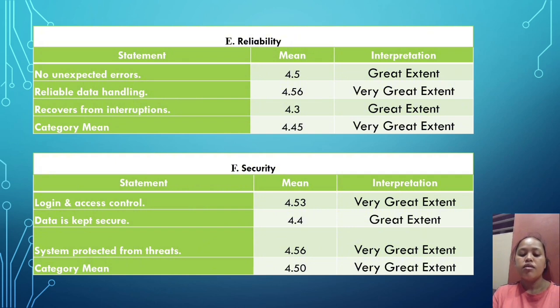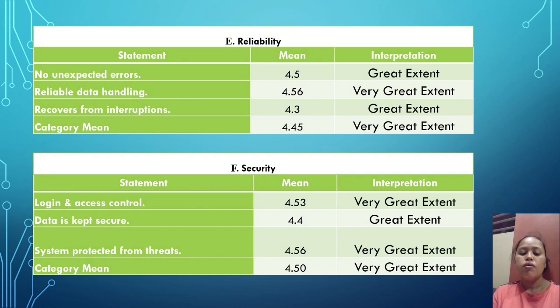And then next is maintainability. Category mean 4.43, very great extent. The system is well structured, allowing easy updates and modifications. Good documentation also supports maintainability for developers and administrators.